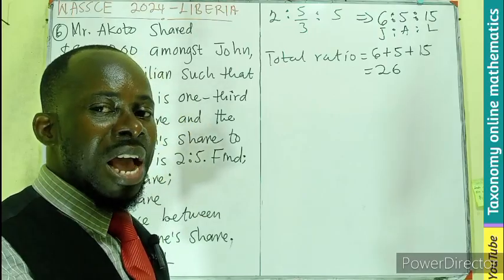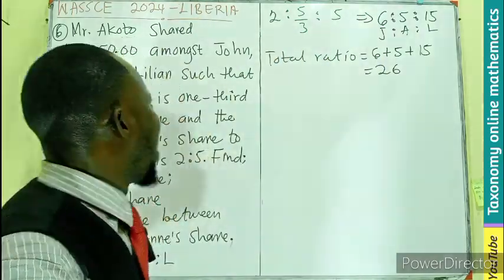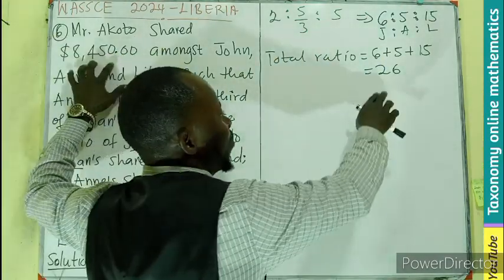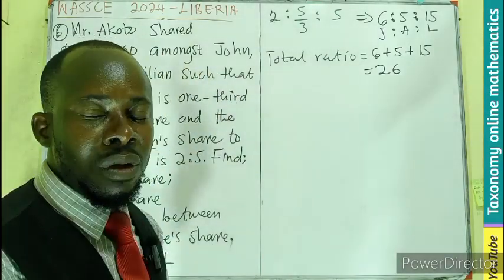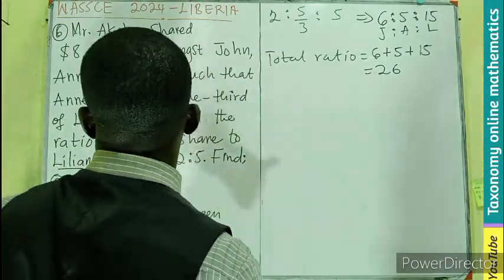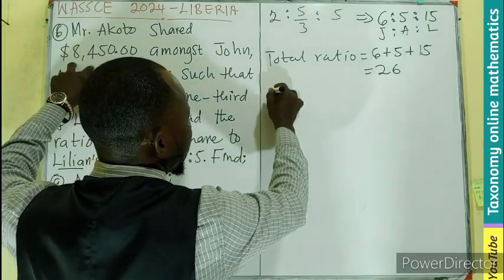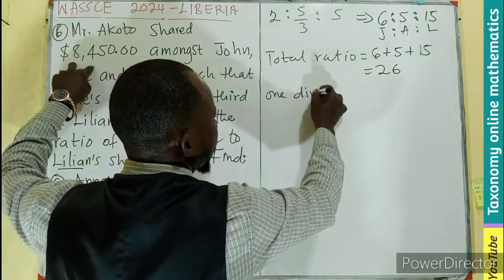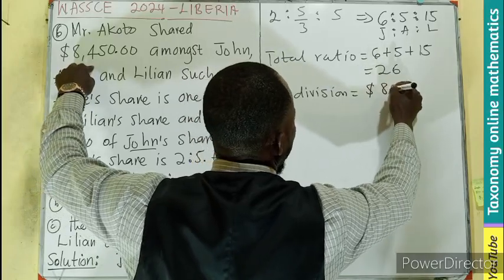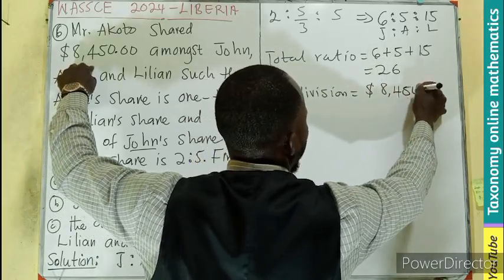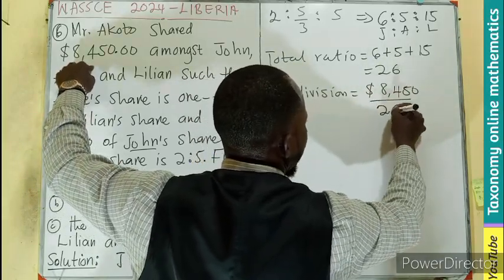So we can find one division by dividing the whole of this by 26, then multiply the result by that. So I can say that one division is going to be 8,450 divided by 26.